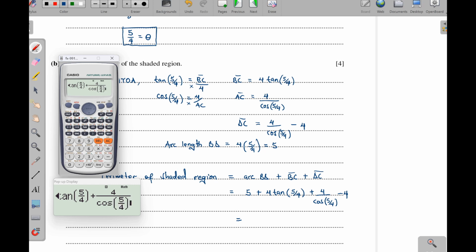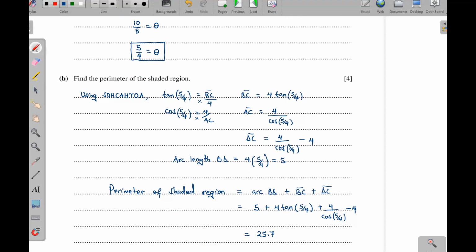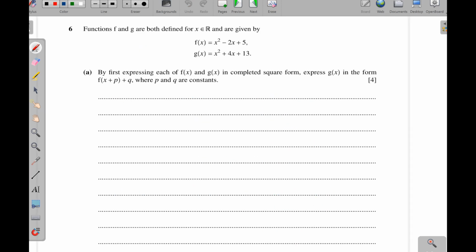Remember, the first 5 and the last 4, I subtracted them, and then I got a 1. So the answer is going to be 25.7. And the lengths were given in centimeters, so this one has to be centimeters. That is to 3 significant figures. So that is that.